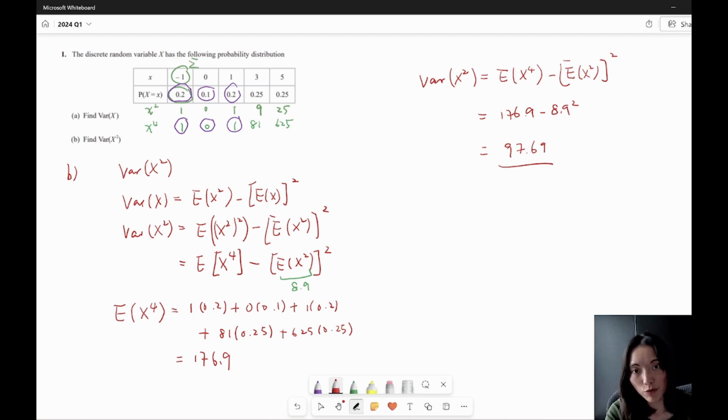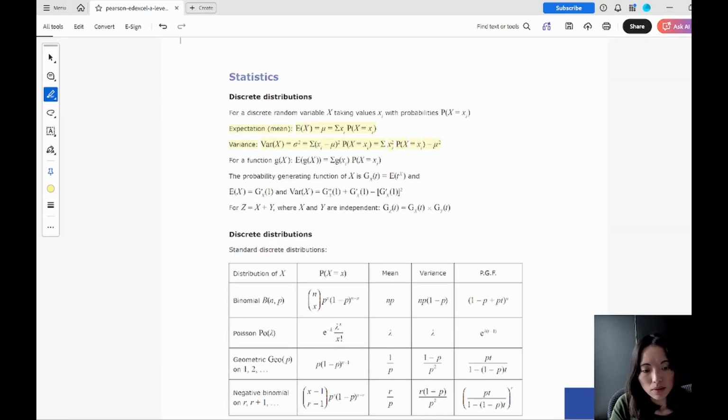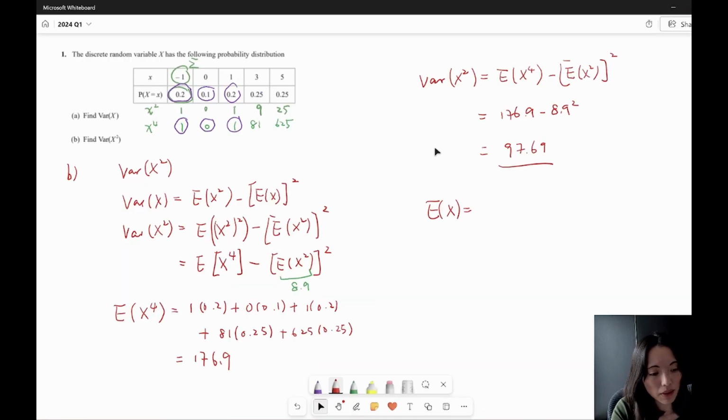So just a reminder, if you forget how to work out the expected value of x, it's actually in the statistics tables. So here, the expected value of x is the sum of x multiplied by the probability of x.